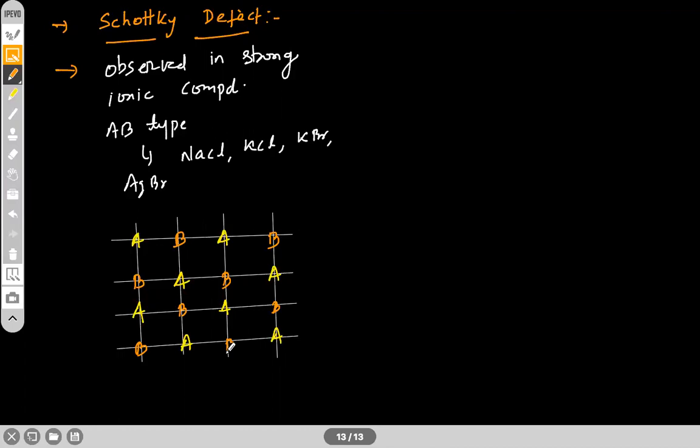Now equal number of atoms are missing, correct? Suppose A and B are missing from the sides.